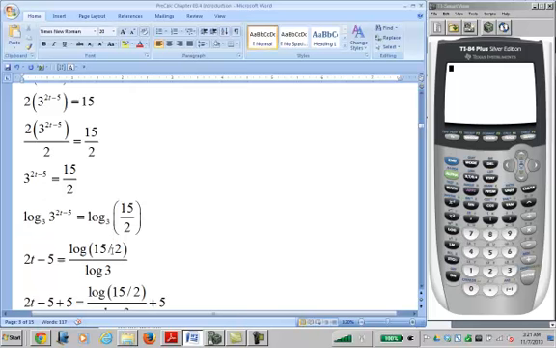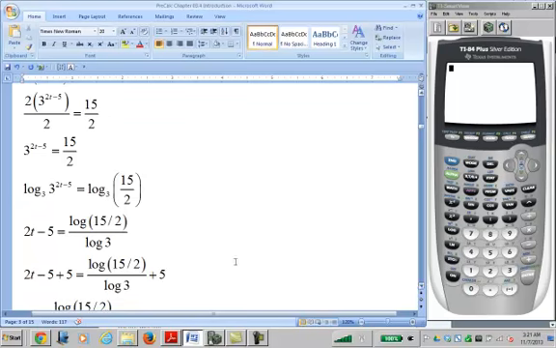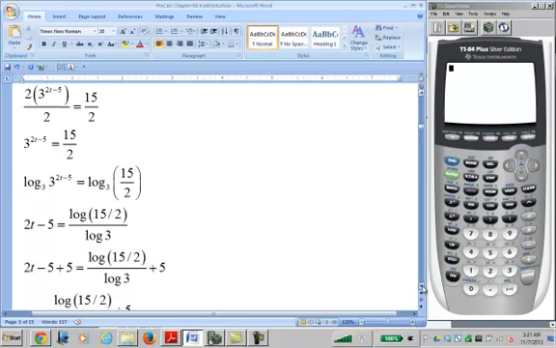Over on the right side, I use the change of base formula to convert the log base 3 to log base 10. So I got the log base 10, that's the invisible base, of product 15 over 2 divided by the log base 10 of 3. So using the change of base formula, now this can be evaluated on the calculator, but we won't do that yet.